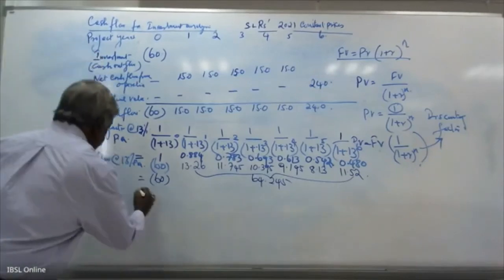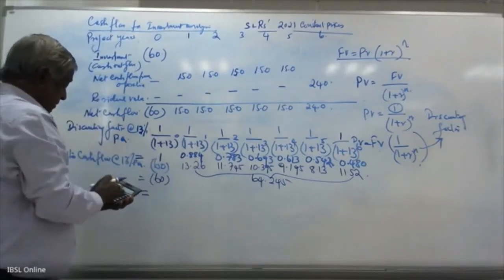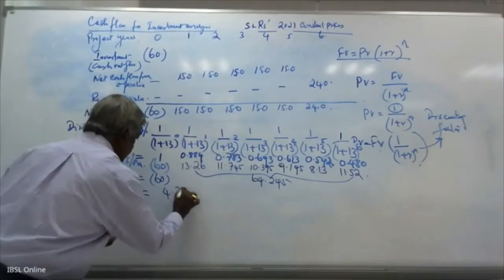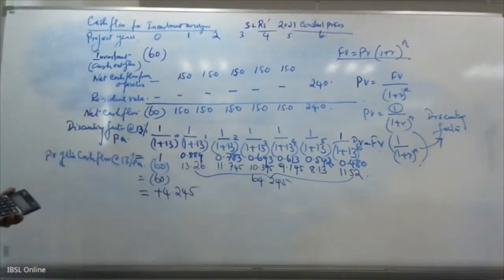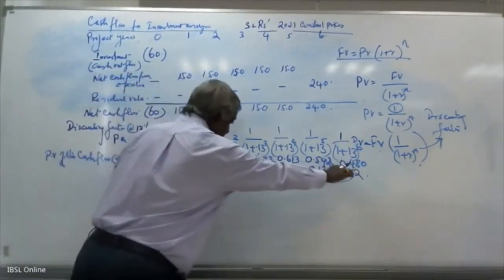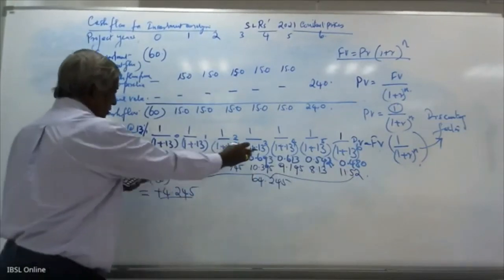So this is equal to minus 60 million plus 64.245, which is 4.245. This is a positive value. This is the net of present values.